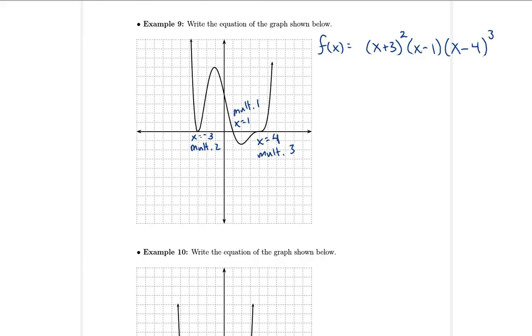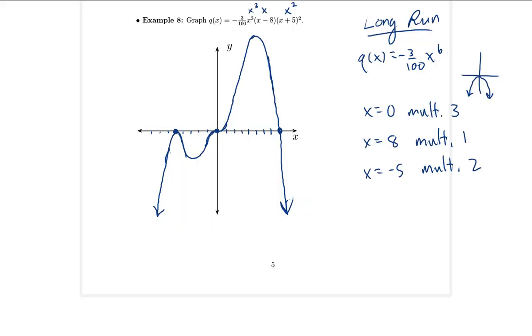Well, what I'd suggest is let's go back a page. Notice how this one had this negative 3 over 100 in it. Did that negative 3 over 100 have any bearing upon these zeros here? The answer is no, right? Determining what the zeros are and what their multiplicities are has nothing to do with any kind of number or coefficient you could put out front.